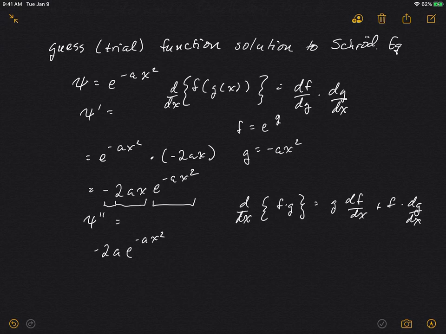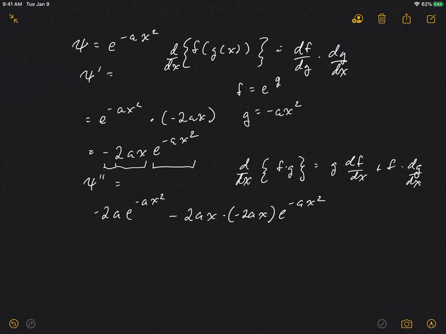Then we get a minus 2ax times the derivative of e to the minus a x squared, which we already saw up there is minus 2ax times e to the minus a x squared. And again, this is a sign. This isn't saying that we're subtracting. It's just telling us what the sign of that term inside parentheses is there.